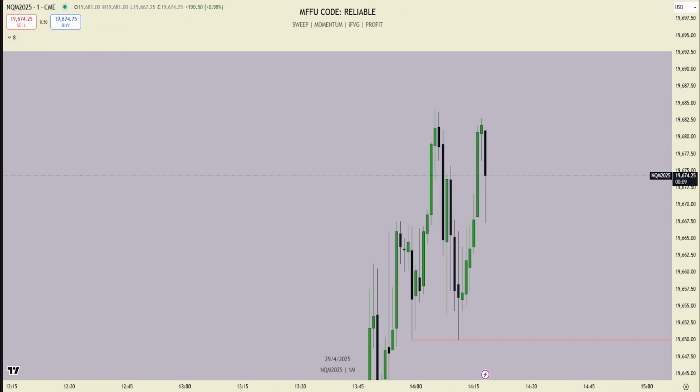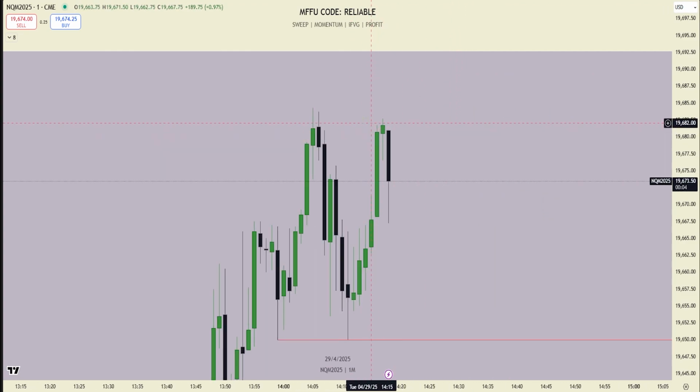I like how V-shaped this 1 minute is, but we don't really have delivery here, unless you count the 15 minute to the left, and we didn't get a liquidity sweep.